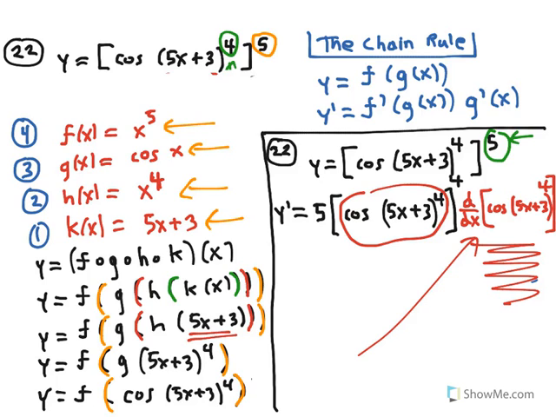You would find the derivative of the outsidemost function, which is cosine. The derivative of cosine would be negative sine, and you would evaluate that at the inside function of (5x plus 3) to the 4th, and then you would have to multiply by the derivative with respect to x of that inside function, for which you would have to use the chain rule again, because that itself is a composition of 2 functions.